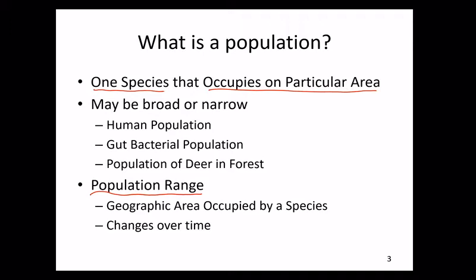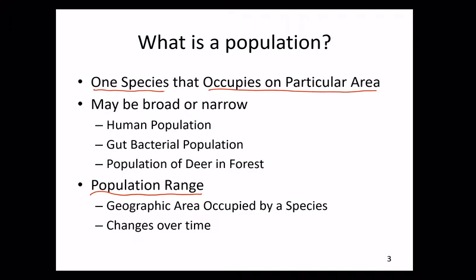Because of the definition of it being a particular area, the definition of a population in this case may be very small, very narrow, or it may be extremely broad. So I give you three examples here. If we're using human population, we could talk about the human population in the world.